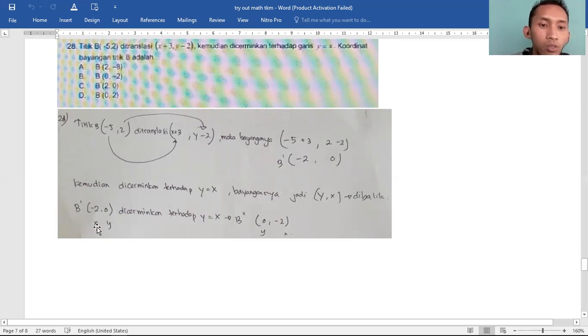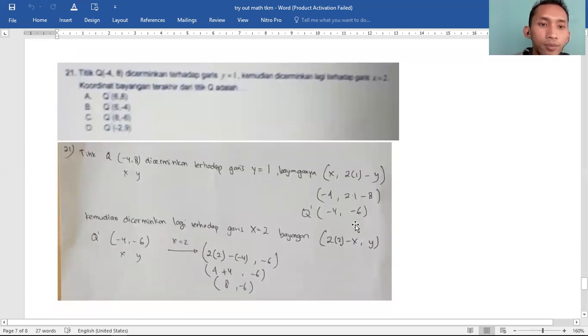So from X, Y will become Y and X. So from B, -2 and 0, hasil dari ini tadi, setelah dicerminkan dia akan berbalik jadi 0,-2. Okay.